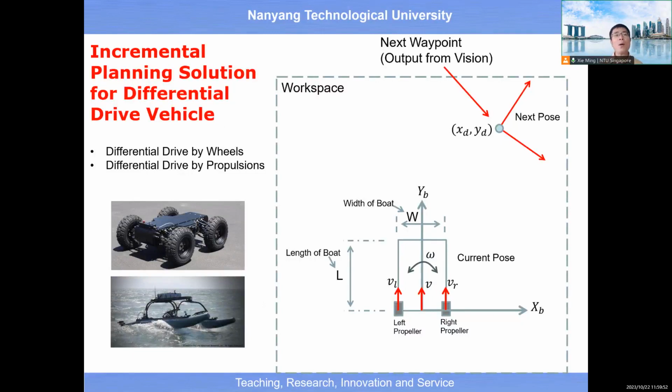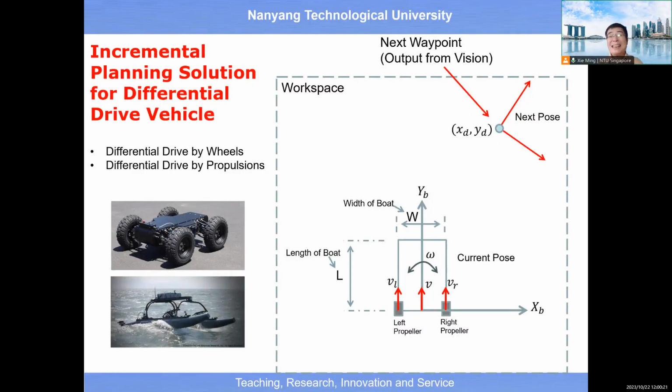But we may also have a differential drive vehicle. Differential drive vehicle means we can only control left velocity and right velocity. For land platforms, we also have differential drive vehicles by wheel. For surface vehicles, we have differential drive by propulsion: a left propeller and a right propeller.